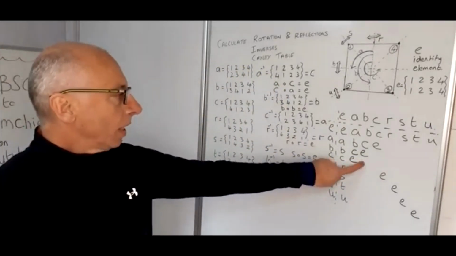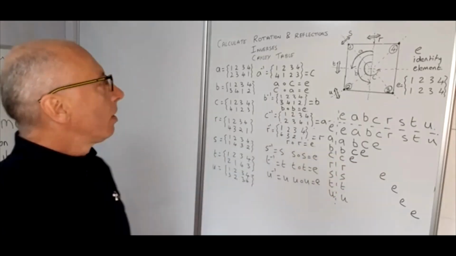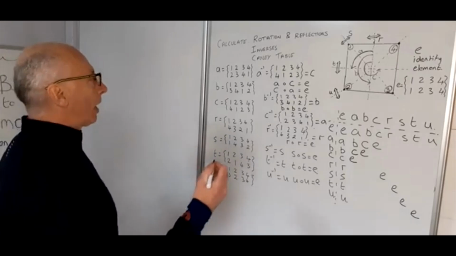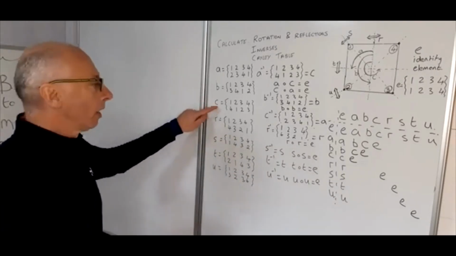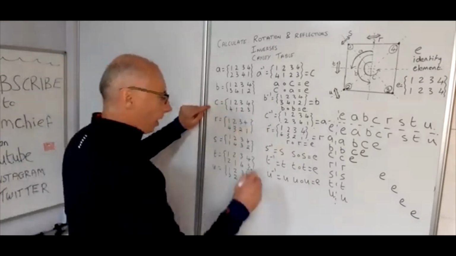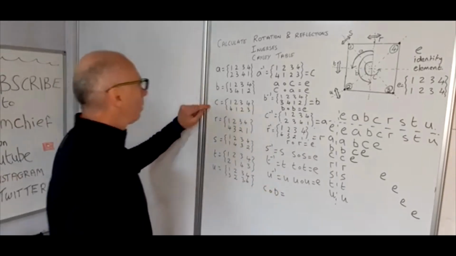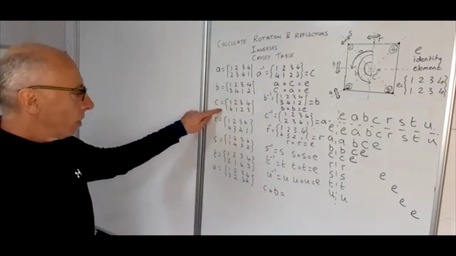Now what about C, B? So C acting on B. So if we can write that down and use this formula here. So C composite B. We can use the permutations to do that.